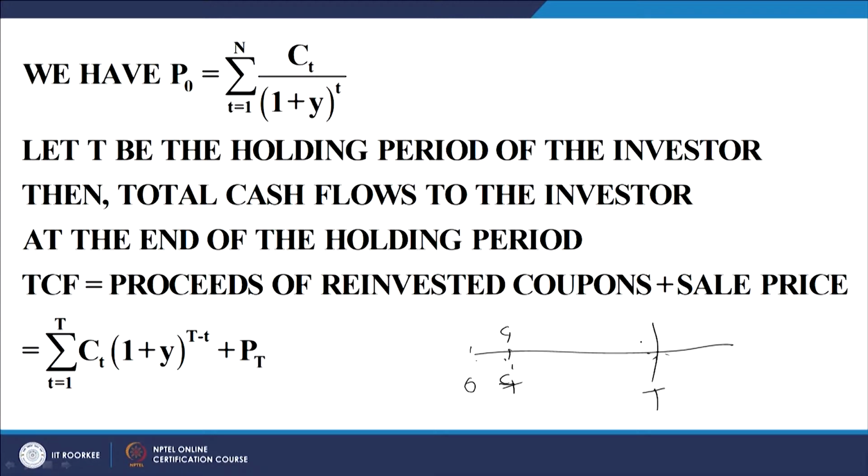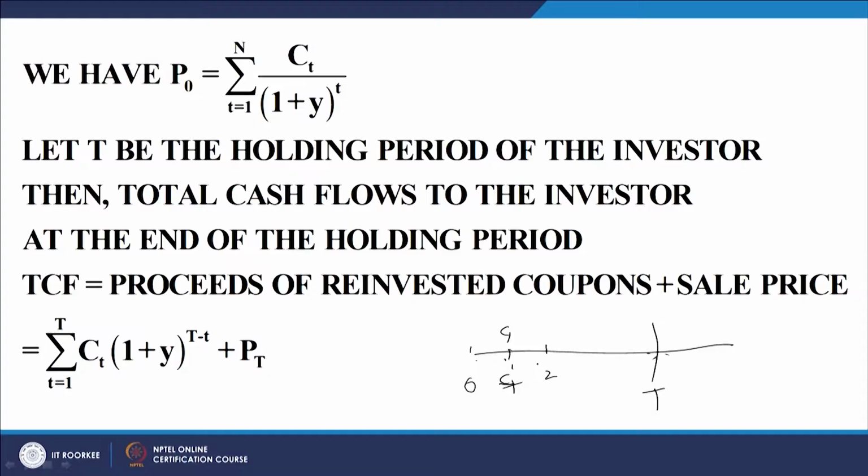I can reinvest it for T minus 1 years at the prevailing rate, let us say it is y. Similarly, the coupon that I receive at t equal to 2, let us say C2, I can reinvest for T minus 2 years, and so on. The coupon that I receive at T minus 1 will be reinvested for 1 year, and the coupon that I receive at T years will be reinvested for 0 years.